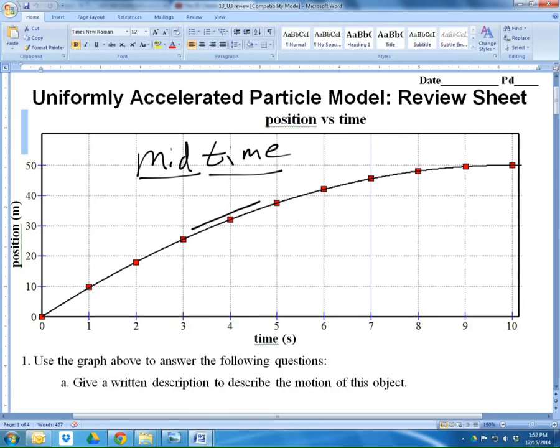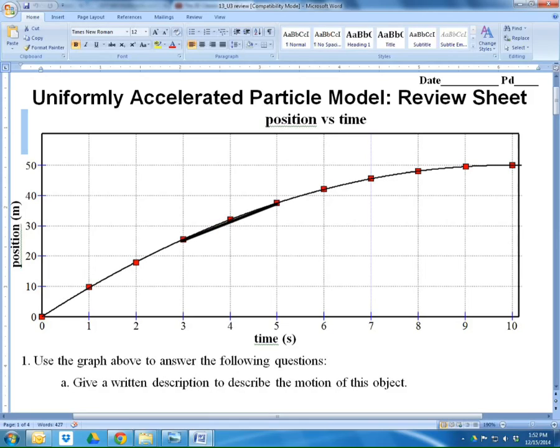So if you look at this point right here, it's in the middle of a couple of points. It's in the middle of this point here and this point here. If I were to take these 2 points and connect them using a line, that slope would represent the slope at this point. Okay?